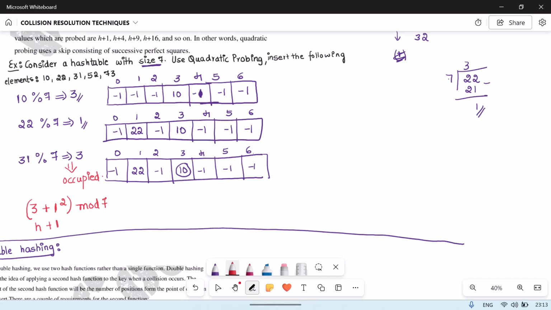Next time, if you have one more collision, it would be 2 squared, then 3 squared, and so on.